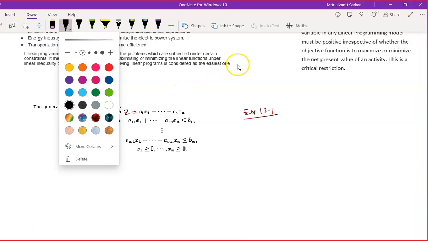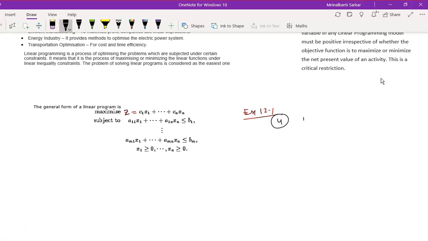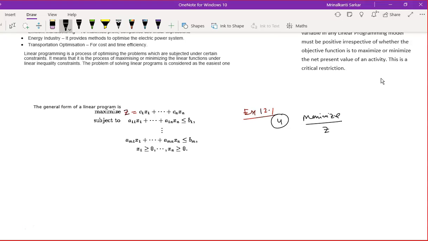Like suppose I am taking this one, number 4. Maximize z is equal to 3x plus 5y, subject to the condition that x plus 3y greater than equal to 3.